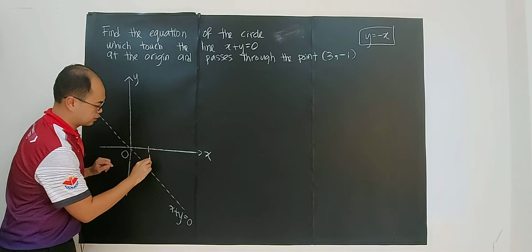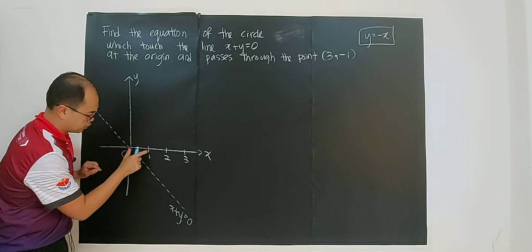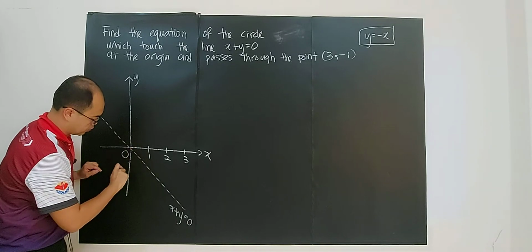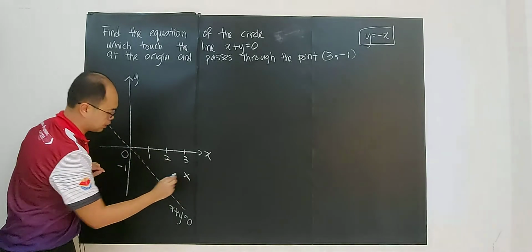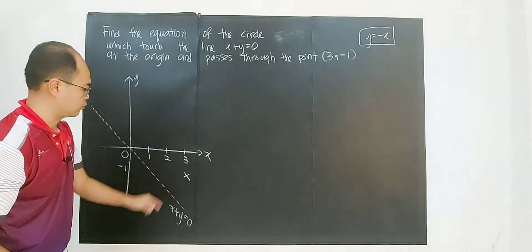So at (3, -1), the circle also passes through that point.